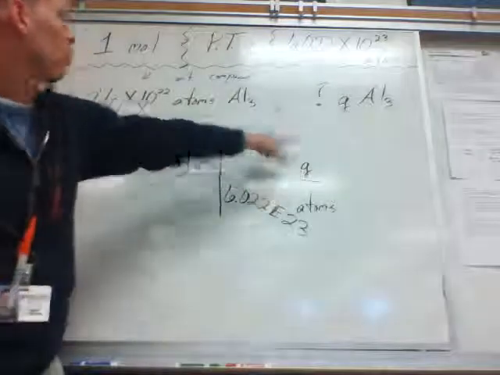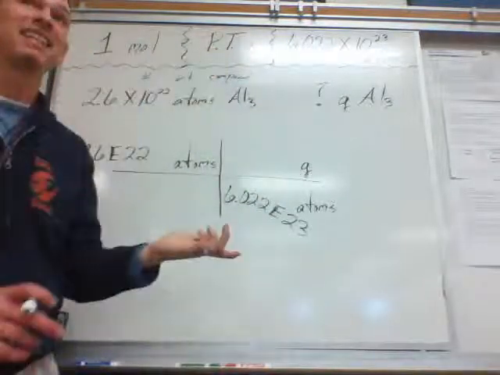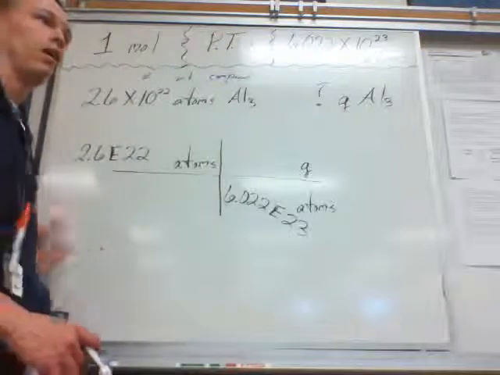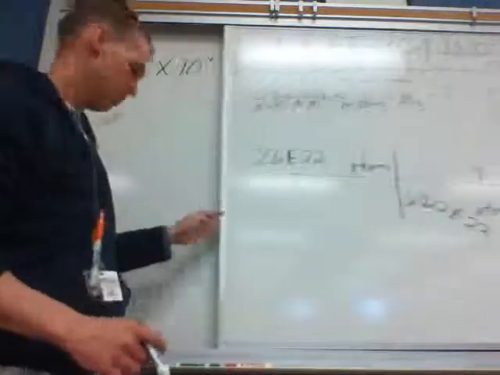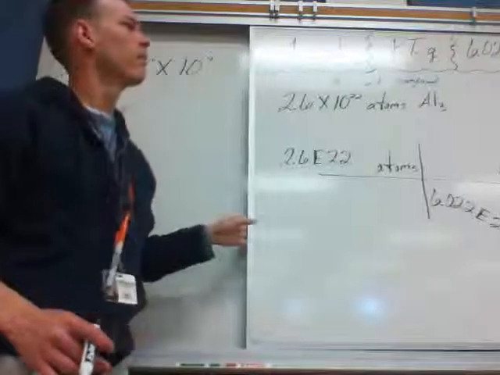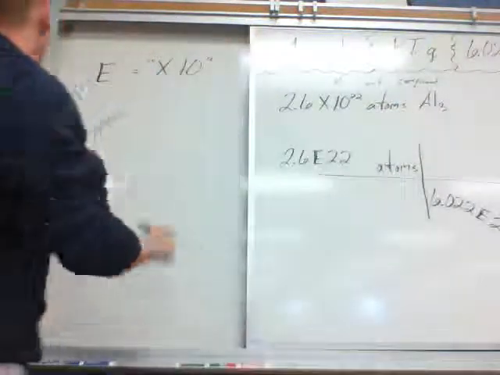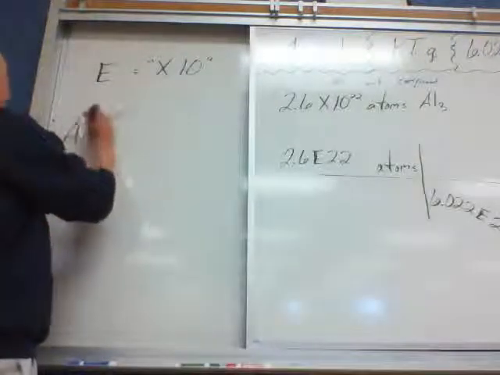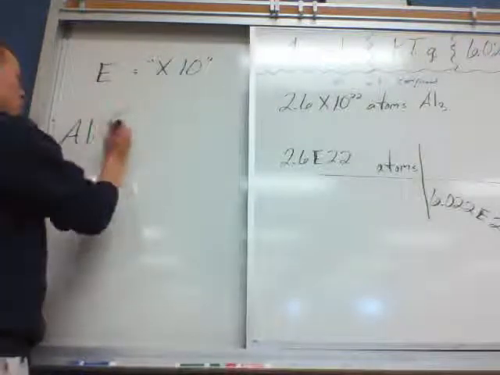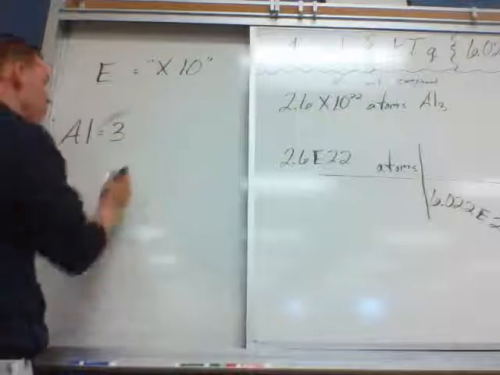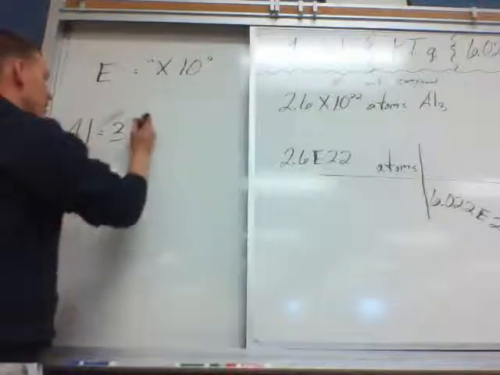The conversion factor for grams is the periodic table, which is a bummer. We're dealing with Al3. So I'll say I have aluminum. There's 3 of them. All right, this is molar mass.